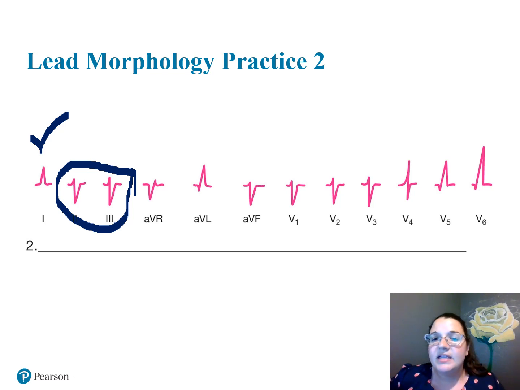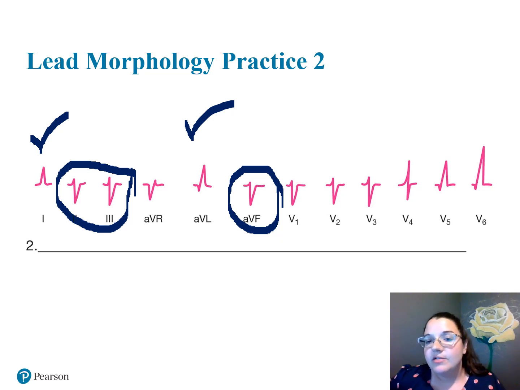But are we supposed to be negative in AVF? We should be negative here and wind up positive here. So even though we are still a little negative, more negative in V3 than we would like to be, we still see that change, the isoelectric change going on, and we wind up positive. So in this morphology, practice number 2, we would be abnormal.